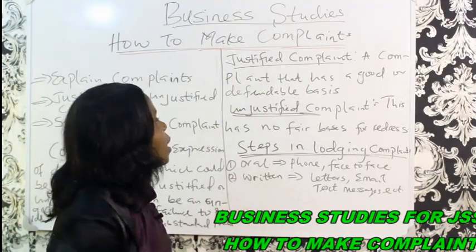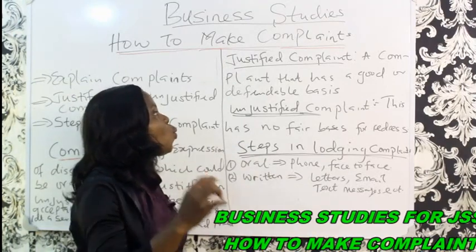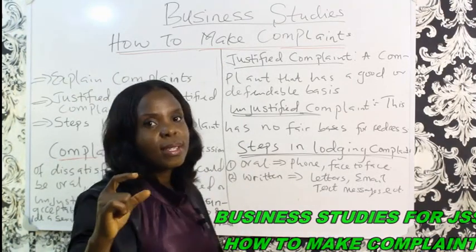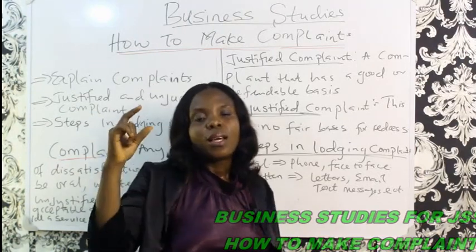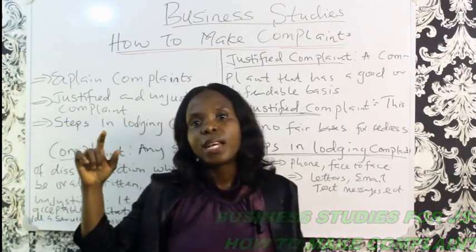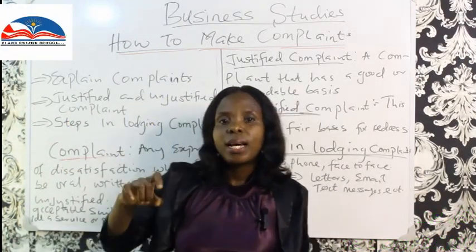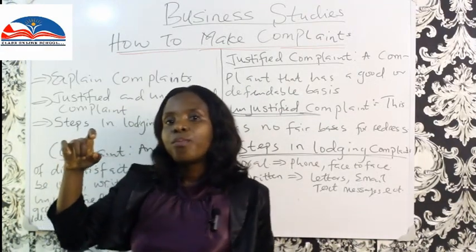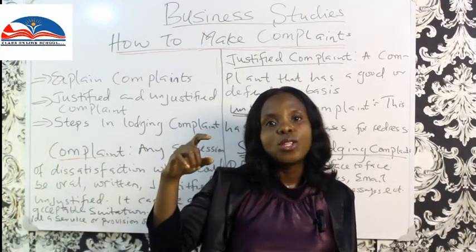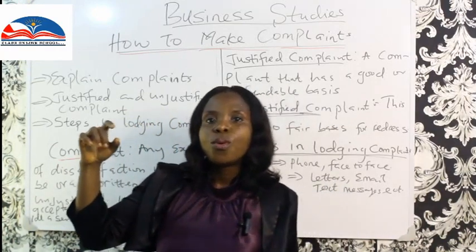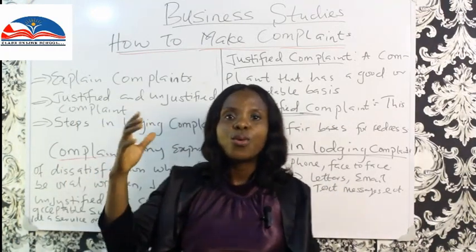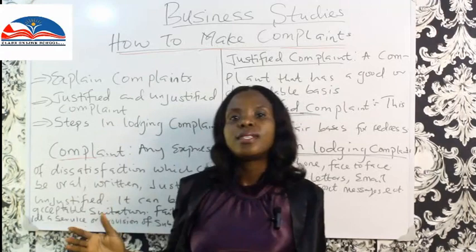A justified complaint is a complaint that has a good or defendable basis. You and I entered a term that I'm going to install your solar, and this solar energy, once it's fully charged, will take you the whole day through the night to the next day.